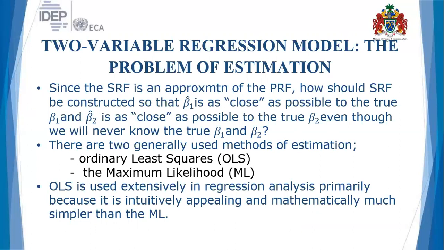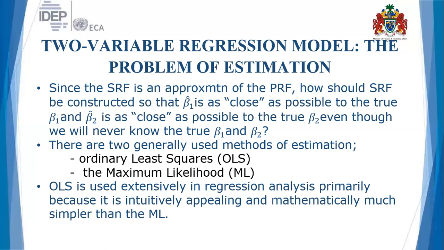In other words, the sample value of beta 1 should be as close as possible to the value of the population beta 1. Similarly, beta hat 2 should be as close as possible to the true beta 2, even though we will never know the true beta 1 and beta 2. How should this be done?